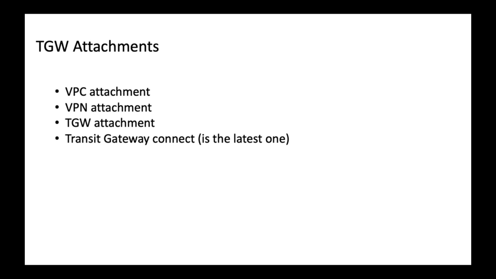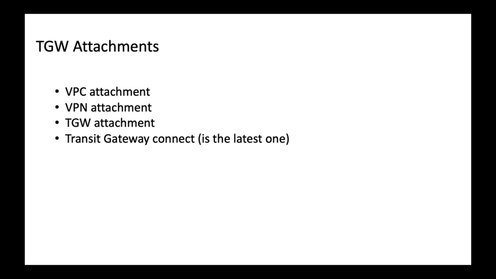You can also set up inter-VPC communication through that, or bring in traffic from other attachments like VPN attachment. VPN attachment is typically over IPsec, and that type of attachment basically comes from the on-prem branch where a router is sitting and you are terminating over an IPsec connection into the TGW.